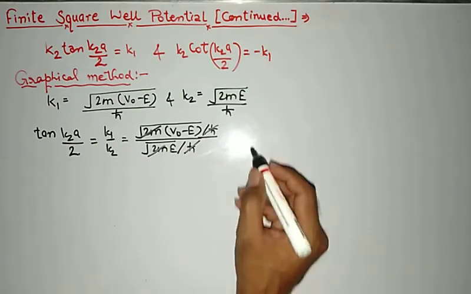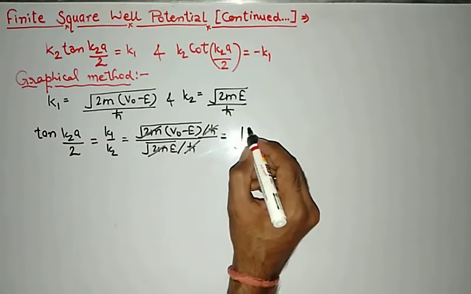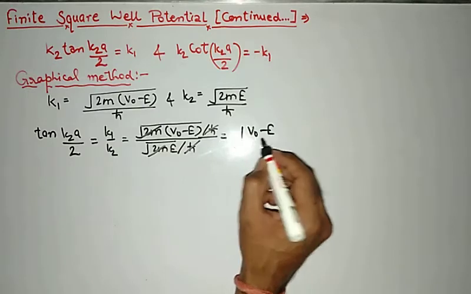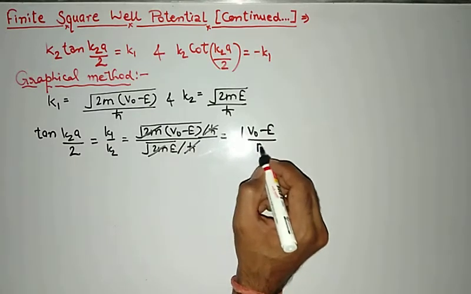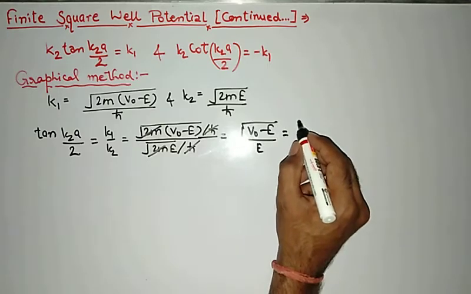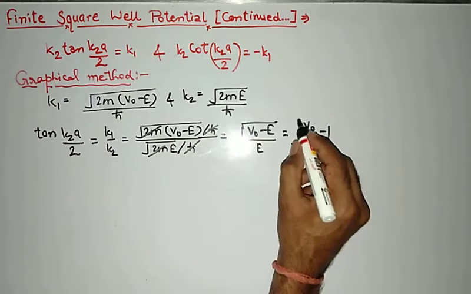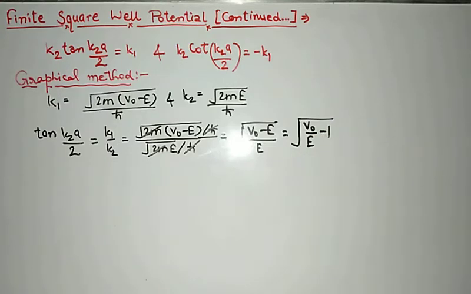What we have now is under root (V naught minus E) upon E. In a better way, writing this as under root V naught upon E minus 1.